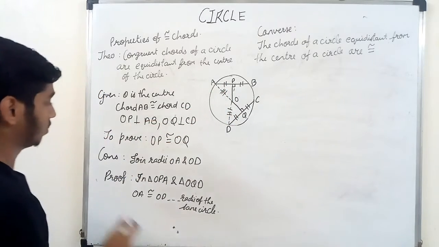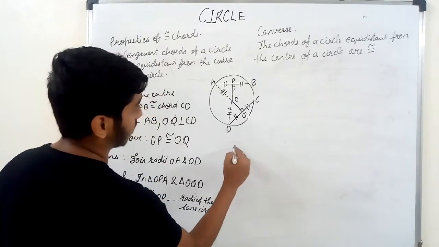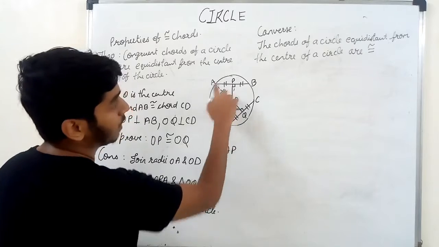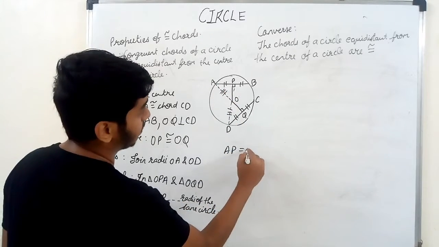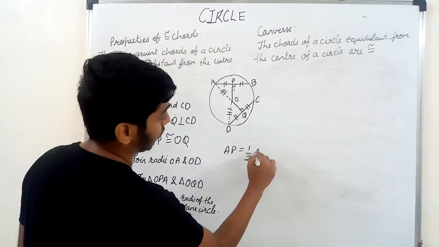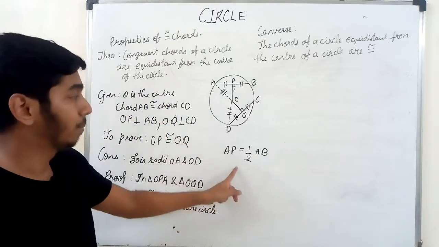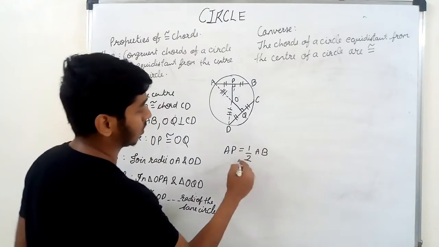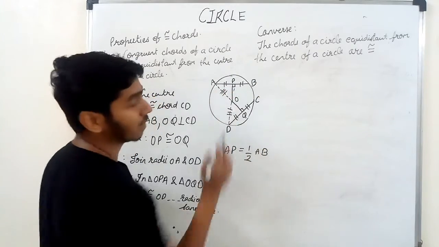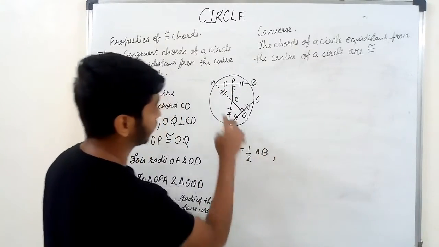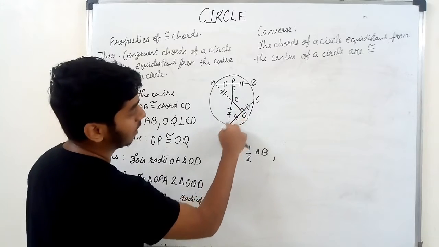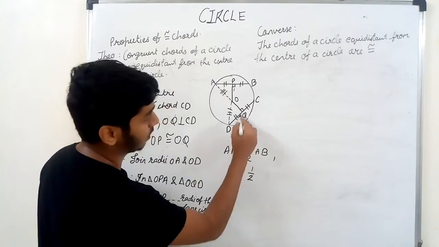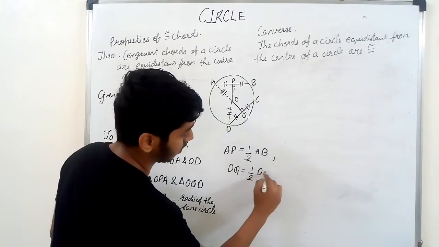We'll find that out. AP is half of AB, because AP and PB are both equal. Also, DQ is half of DC.